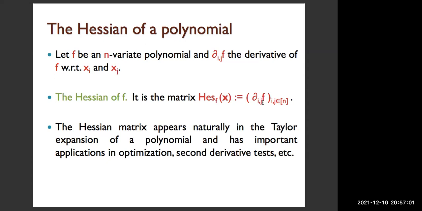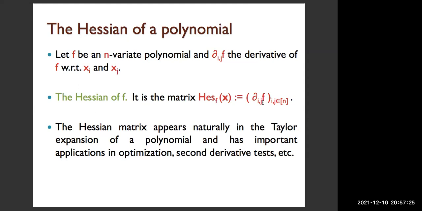It's easy to see it's a symmetric matrix. And the Hessian appears very naturally in Taylor expansions of multivariate polynomials, and that's how it plays a crucial role in finding critical points, like second derivative tests, and also in optimization problems over reals.